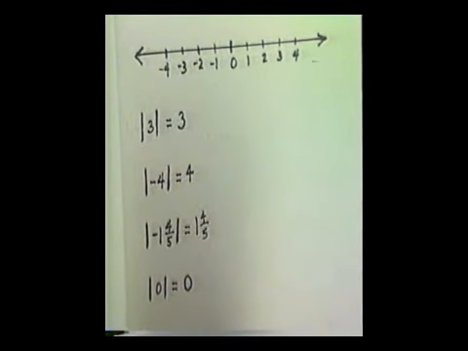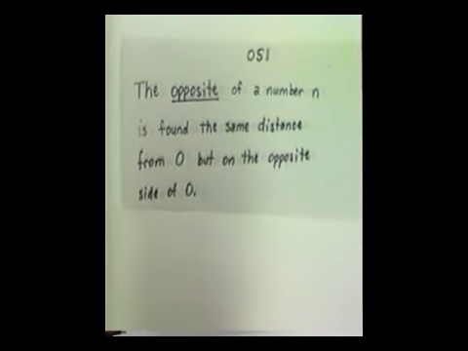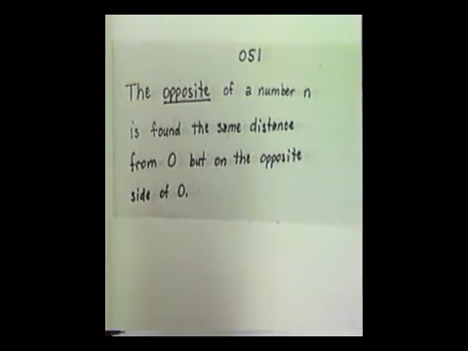Now let's define the opposite of a number. The opposite of a number n is found the same distance from 0, but on the opposite side of 0.